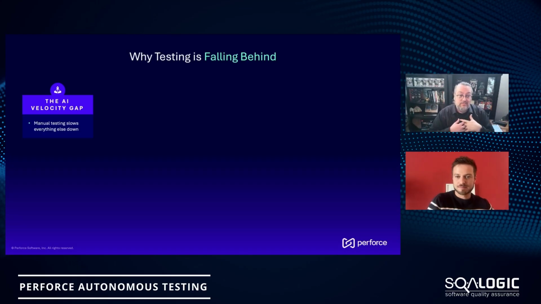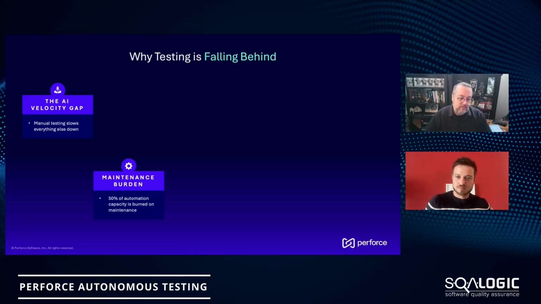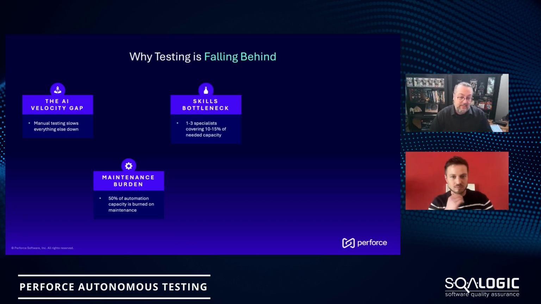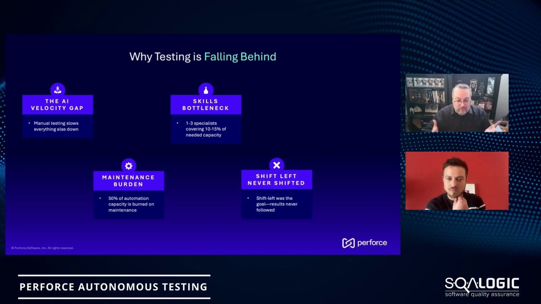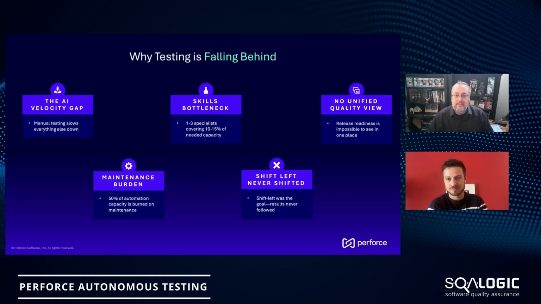And a lot of times we're stuck with manual testing because it's completely new and we haven't had the chance to automate it, which just slows everything down. We've got this maintenance burden that we talked about. We've got a skills bottleneck, right? That I need specialists to work on all these different frameworks that we were talking about earlier. And shift left for testing never really happened, right? We said we were doing shift left, but when you start looking at what the industry really is, we never were able to shift that testing completely left, like we said.